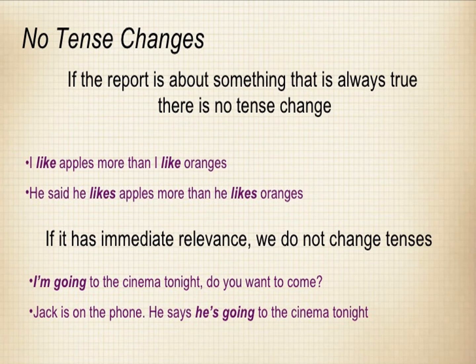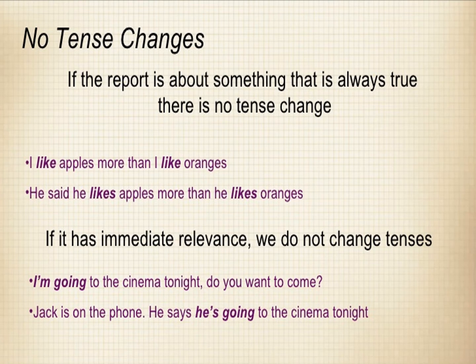We can't say the earth was round. It's a fact. Number three, if the sentence between brackets has just been said, a very short time ago, there's no verb change. If it has immediate relevance, we do not change tenses.